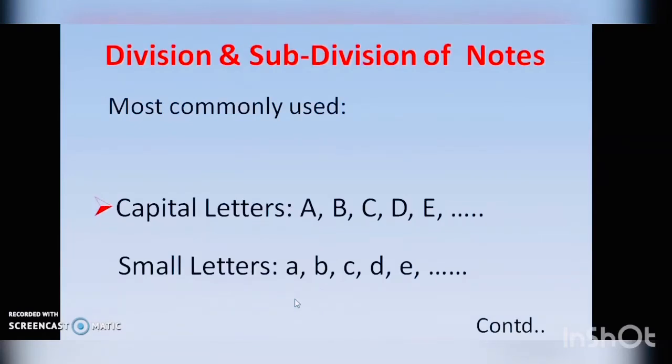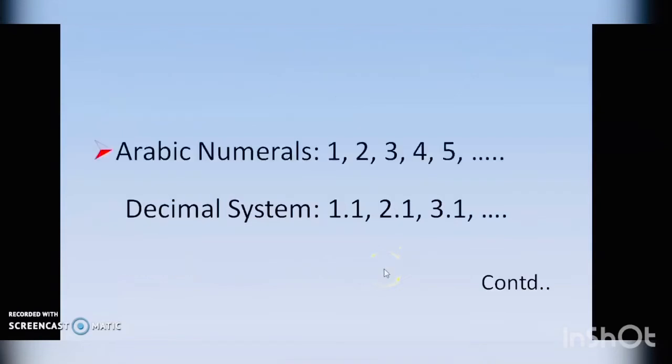Then how do we divide and subdivide our notes? Some of the most commonly used methods are: we use capital letters for main headings and small letters for subheadings. The second is that we use Arabic numerals for main headings and then the decimal system for subheadings.